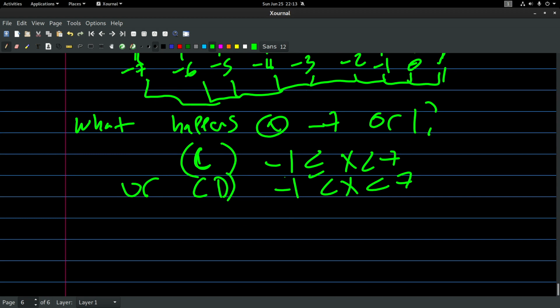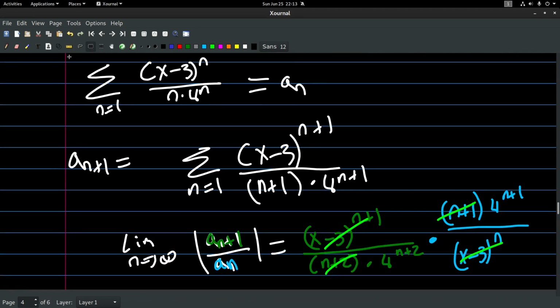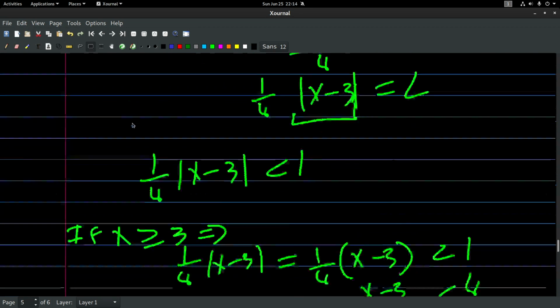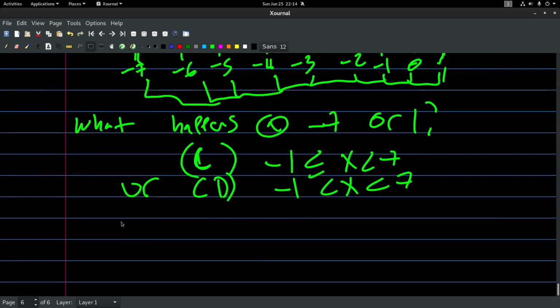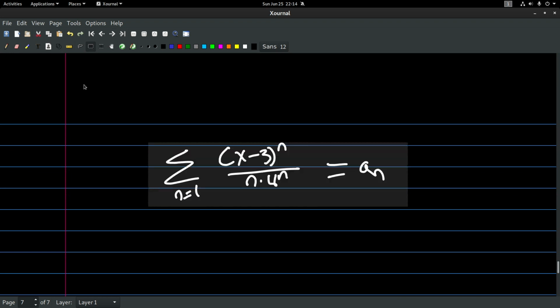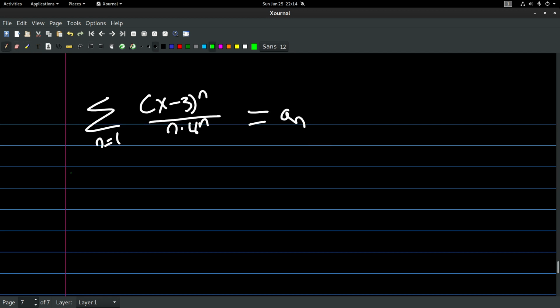So let's plug it into our series. What happens when x equals negative 1?